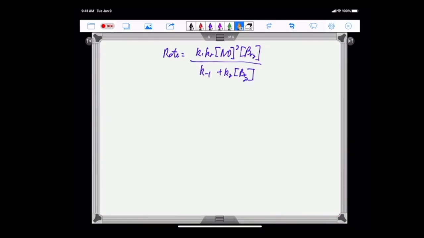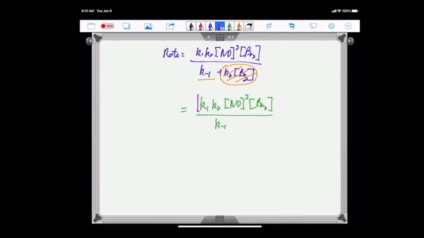And we said this term here is going to be small relative to our k-1. What we're really saying is that the second step is rate determining, in which case we can rewrite this equation as k1 k2 [NO]^2 [Br2] over k-1.